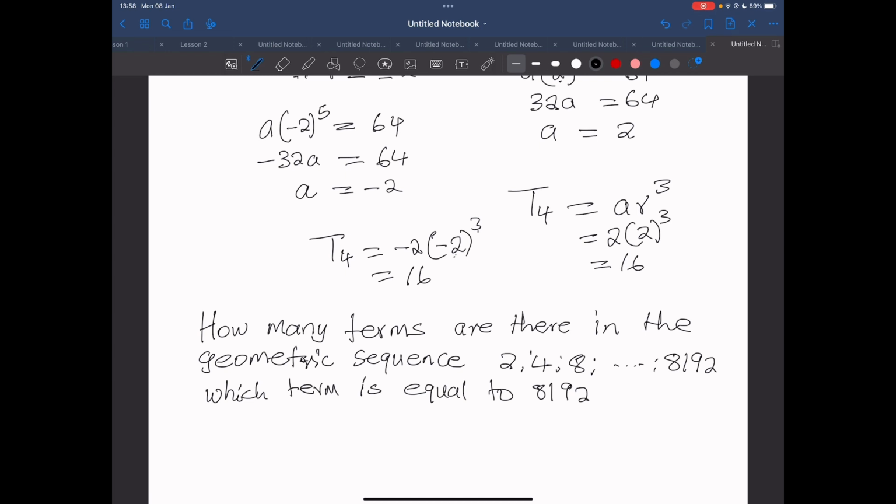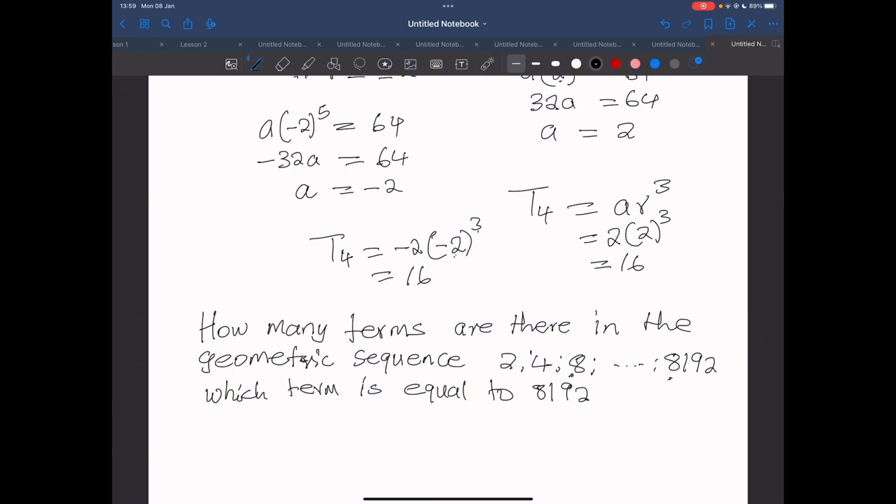So which term of this sequence, 2, 4, 8, to 8192, which term is this? So this is the same question. The answer will be the same. Whatever term number it is, that's actually what we want to know. It will tell us the number of terms which are there. So this is another example of where we use the general term.